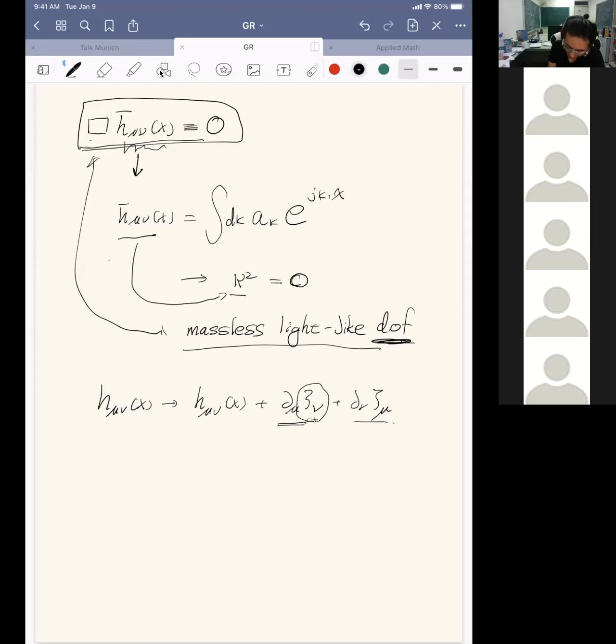So let's say we do the gauge fixing and fix h0 nu to be 0. Let's choose this gauge because we have d degrees of freedom here, so we choose to remove these components.